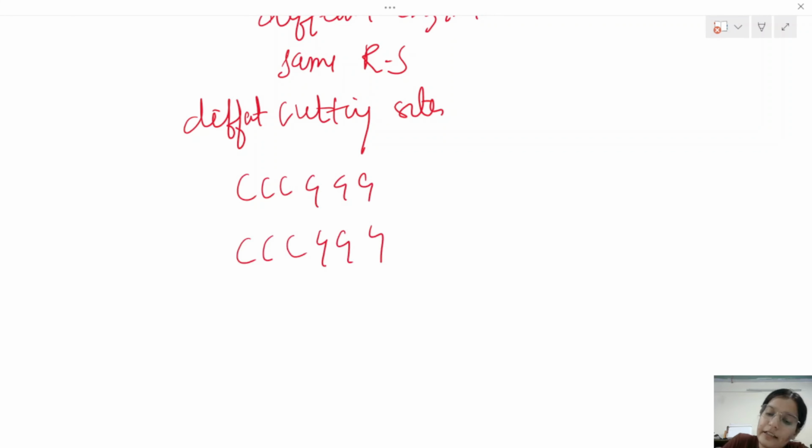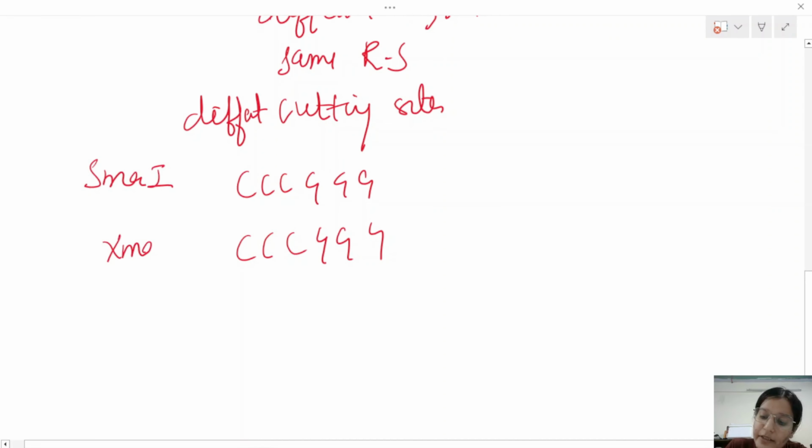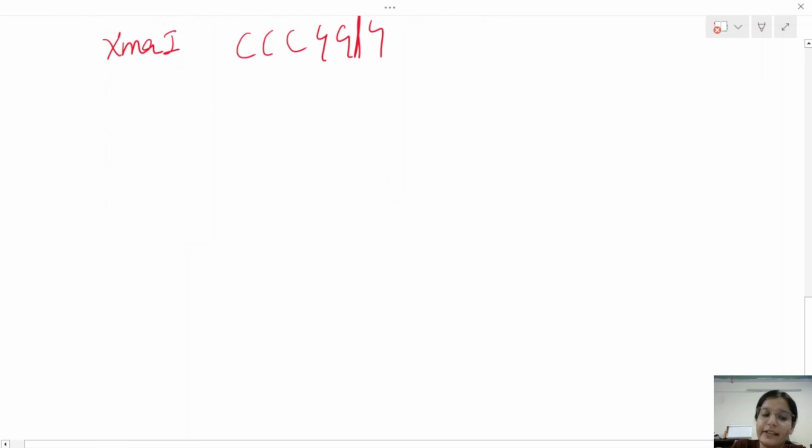See here, the recognition site is the same, but they have different enzymes and they cut at different sites. You must remember all these examples.